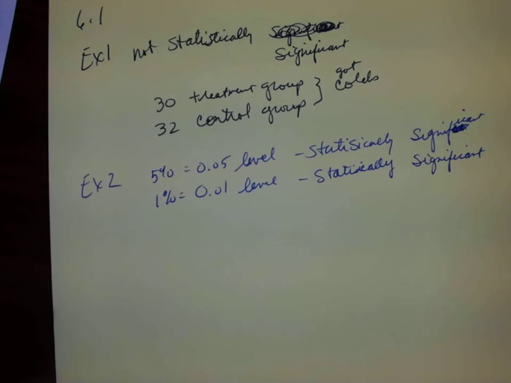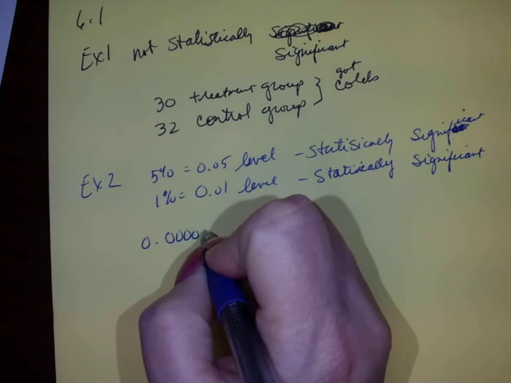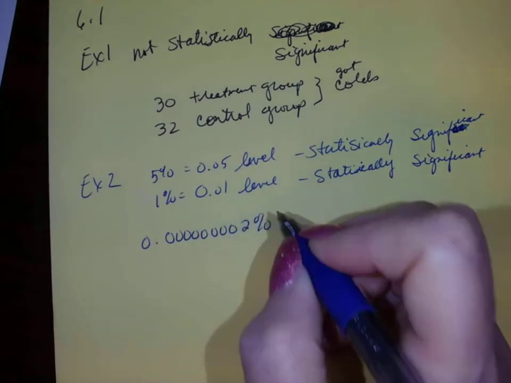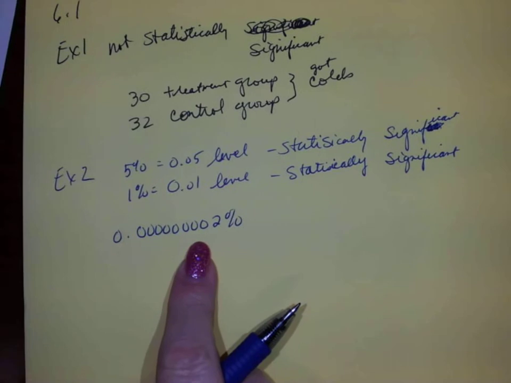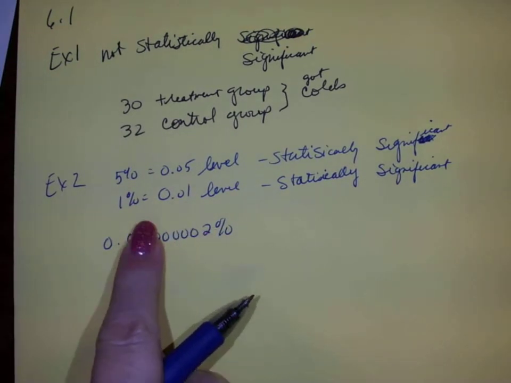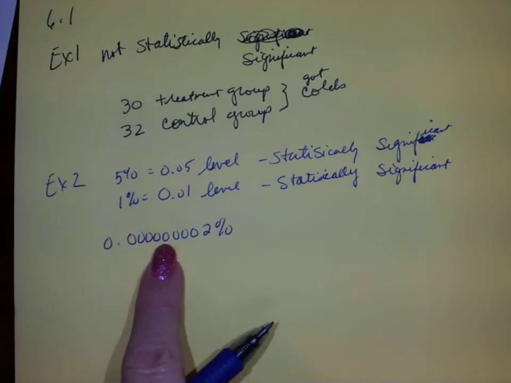Now, the reason is because we end up with a 0.2%. Well, that's definitely a number that is way smaller than 0.01 or 0.05.